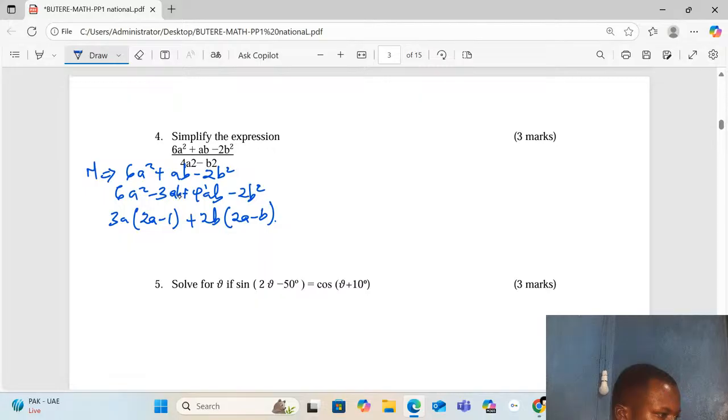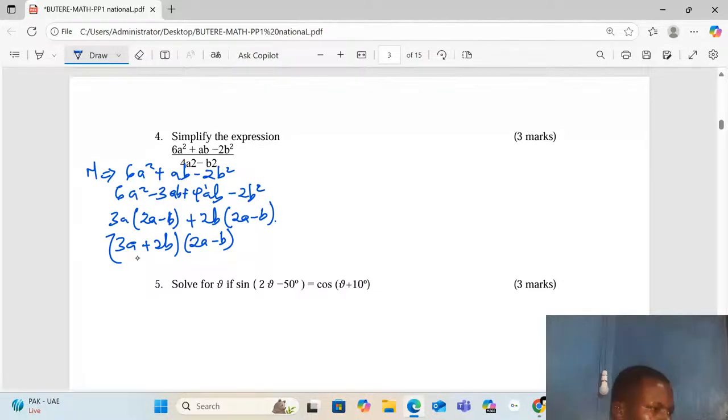Now here is 3a, here is 2b. Now it's 2a minus b here. Now we take 3a plus 2b, then one of these, which is 2a minus b. Now this one becomes our numerator.